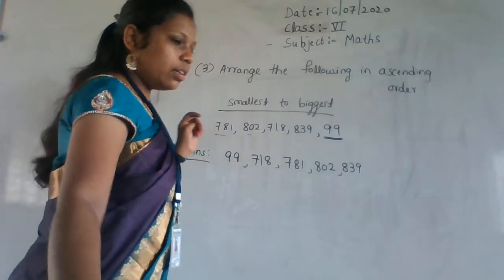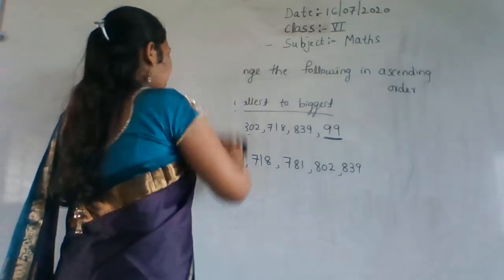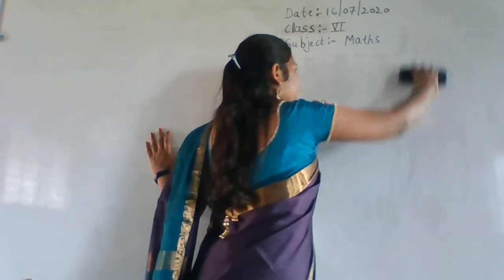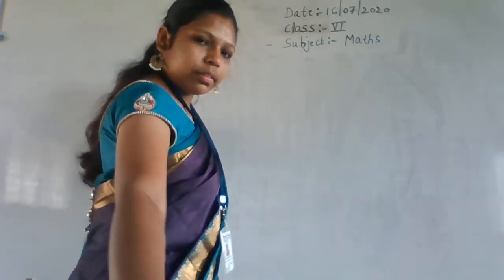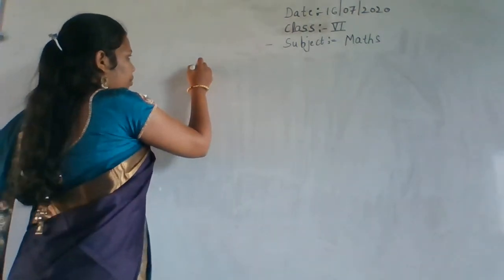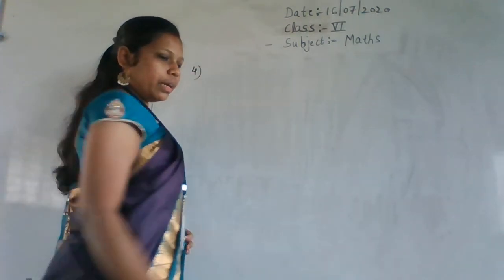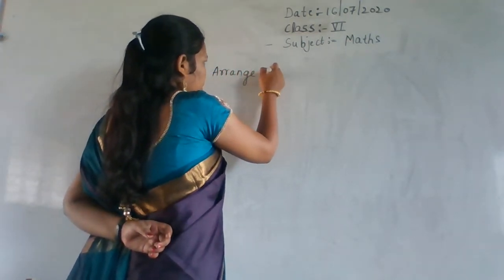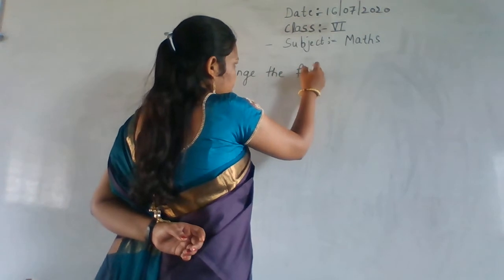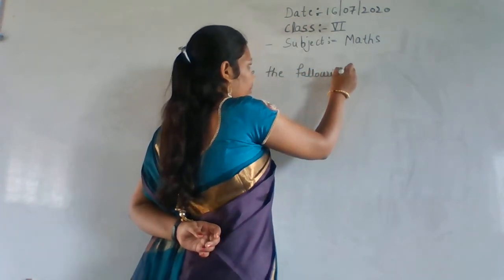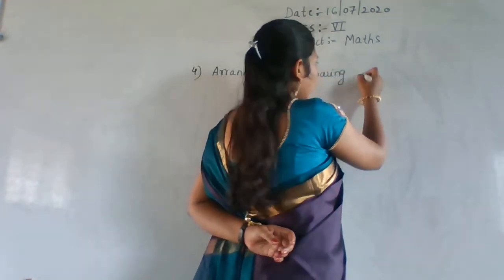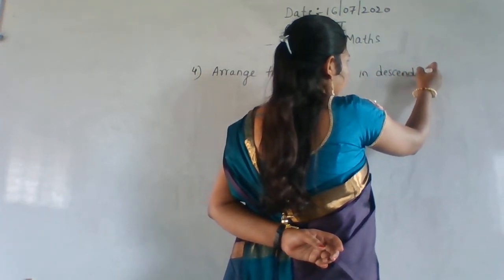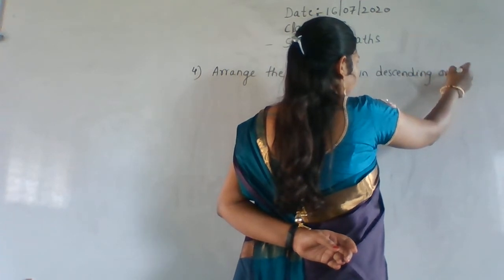Next one is the fourth main. What is the fourth main question? Let's see. What have they given in the fourth main? Arrange the following in descending order.